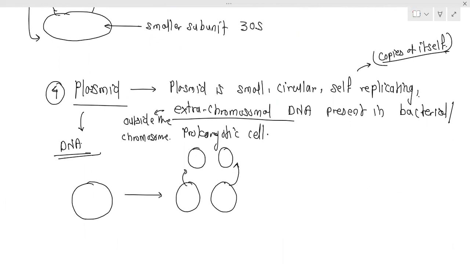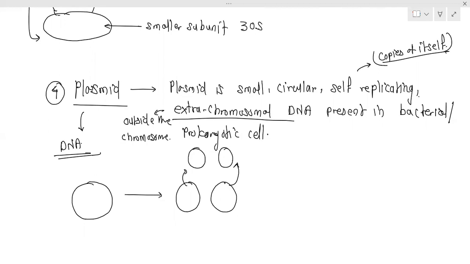Plasmid is a very important thing to remember in the prokaryotic cell. It is some extra DNA a prokaryotic cell has. Remember, only prokaryotic cells have plasmid. It is a little bit of extra DNA which helps bacteria a lot.